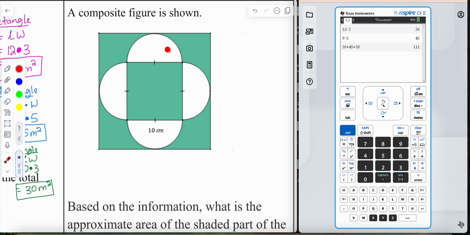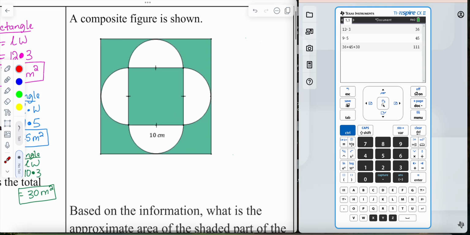So the unshaded would have been some semicircles, or you could see that it is two circles. This half and this half makes one circle. This half and this half makes two. So this half and this half makes one, and these two halves make one. So in total, we have two circles. All right, so we're going to have the whole.